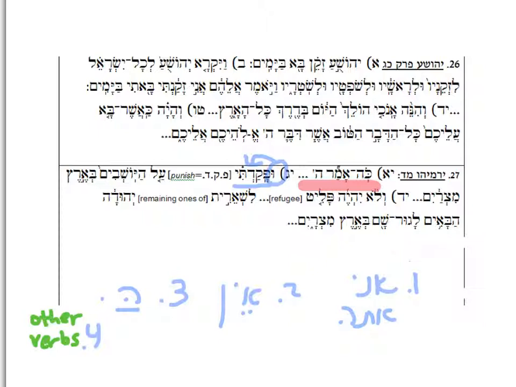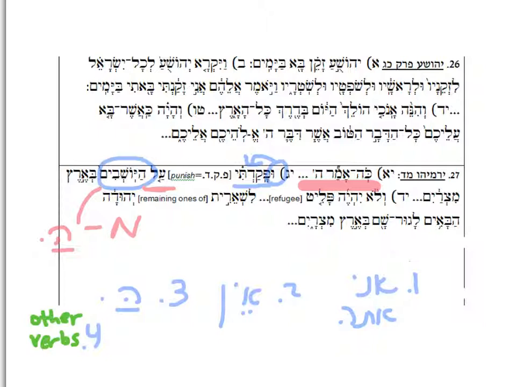Al hayoshvim. So what's hayoshvim? So hayoshvim is a participle. Is it a verb, a noun, or an adjective? So we have a hey before it, which tells me it cannot be a verb. I look at the word right before it, it's not a definite noun, which tells me that this is a noun.